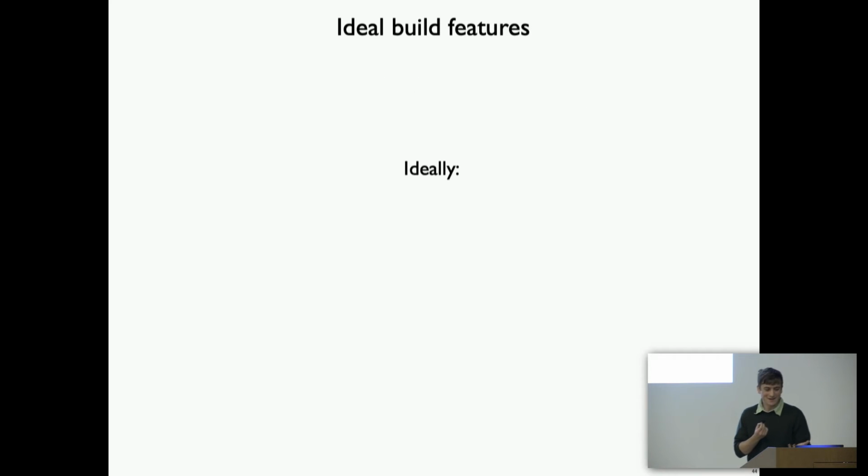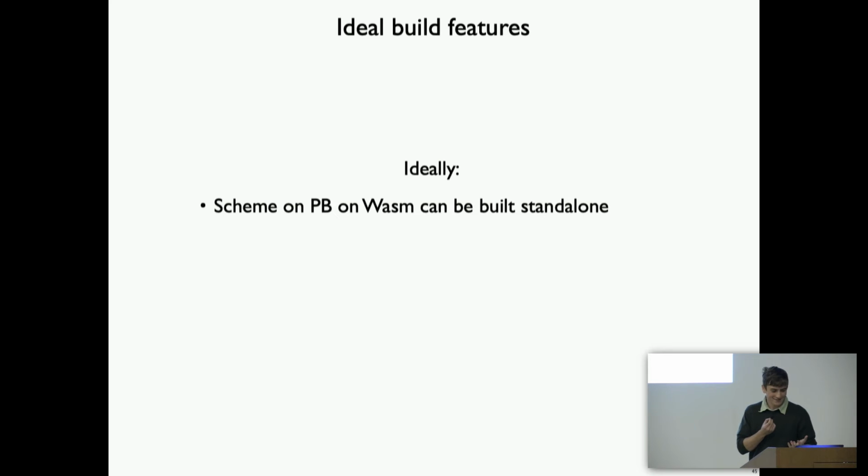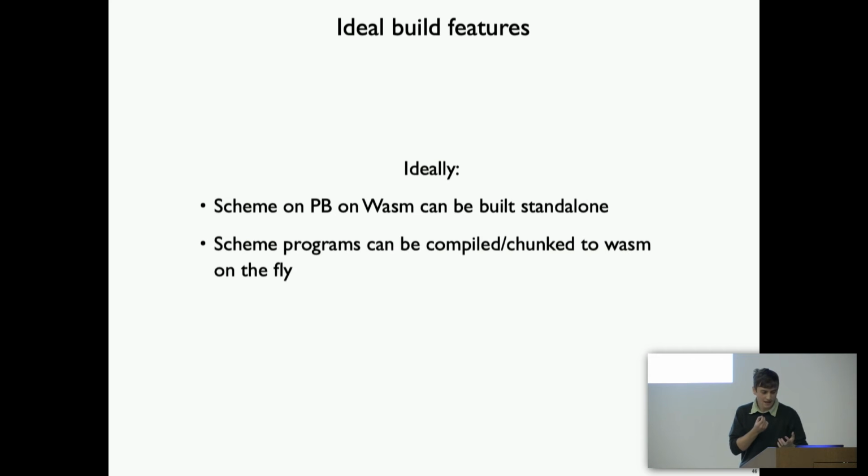So what would we want in an ideal world? Ideally, you can have this Scheme on PB on Wasm built as a standalone thing. And then Scheme programs can be compiled and chunked to Wasm on the fly, potentially even thinking about interactive compilation, which would be really cool.